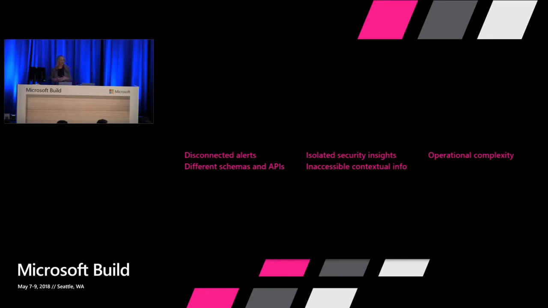Each security solution has unique data or context that can be used to improve protection and response, but they're often isolated or locked in those individual systems. And in addition, much of the context that's needed to really broadly investigate a threat lives outside of security solutions in other technologies like Active Directory or Office or Intune.